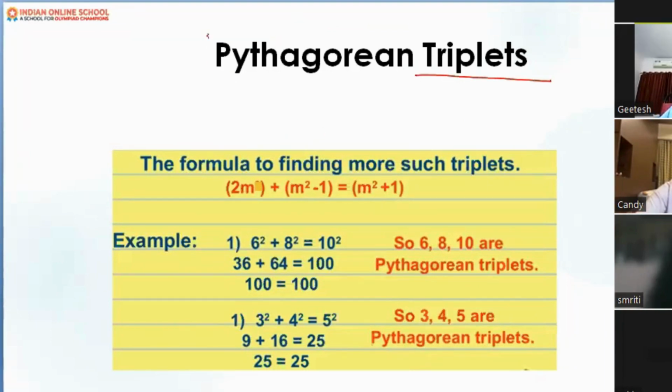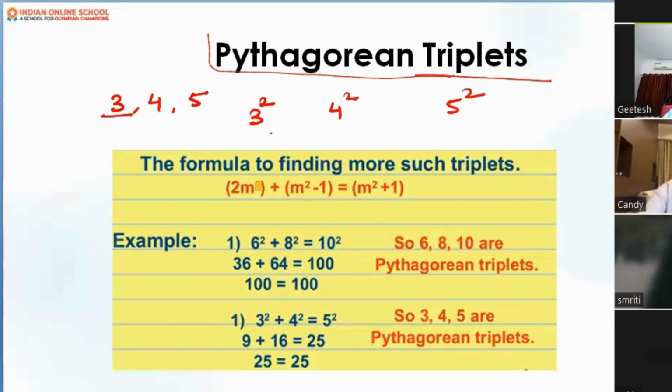So what is a Pythagorean triplet? If we have three numbers, suppose we have 3, 4, and 5. If I'm finding the square of 3, the square of 4 and the square of 5, the square of 3 is 9, the square of 4 is 16, and the square of 5 is 25.